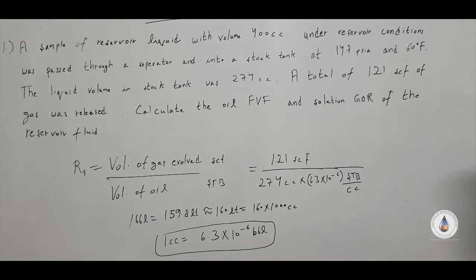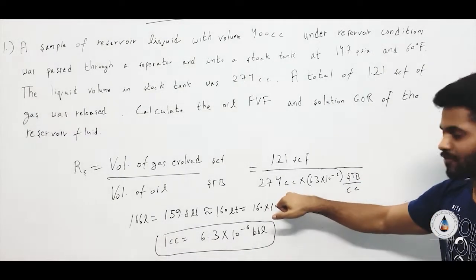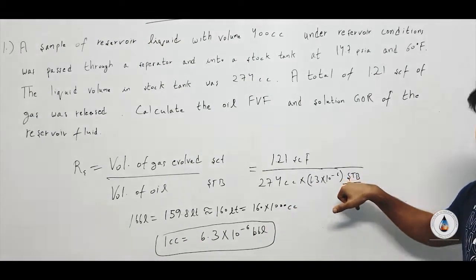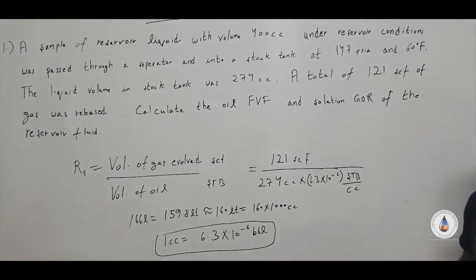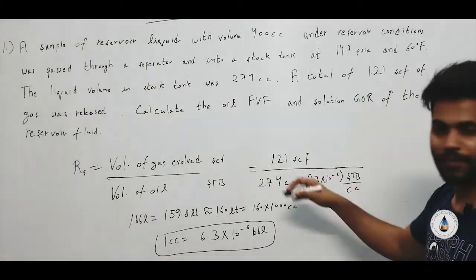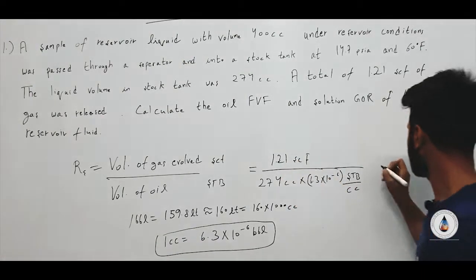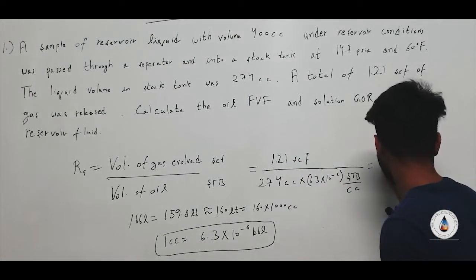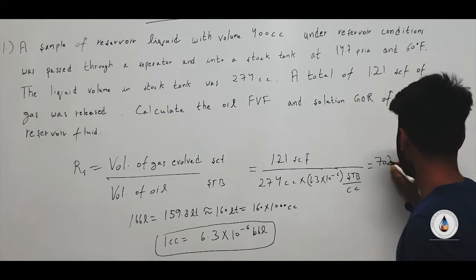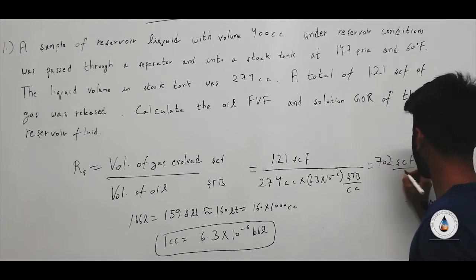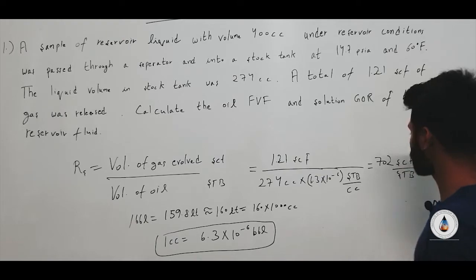Now since I have converted this cc into stock tank barrel, the cc gets cancelled out. When you do the calculation, you will find that the answer comes out to be 702 SCF upon stock tank barrel.